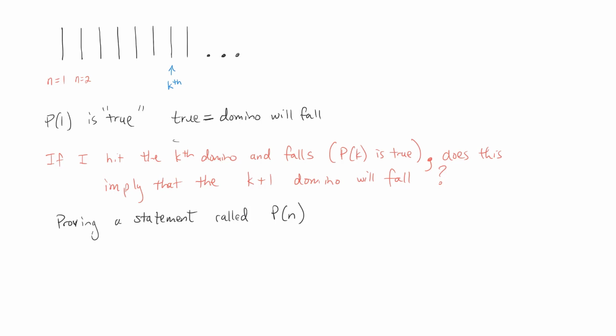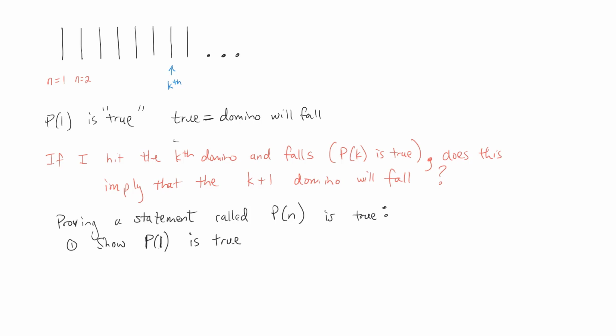Proving a statement called P of n is true consists of 3 steps. 1, show that the statement for P of 1 is true.